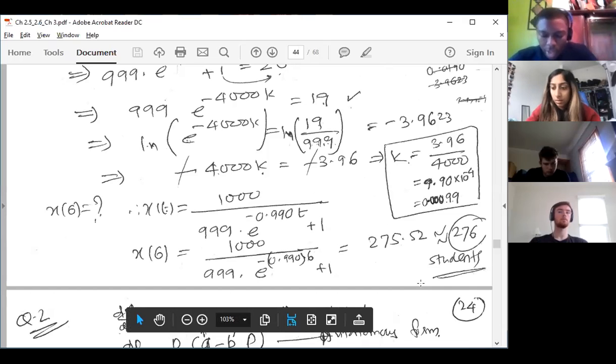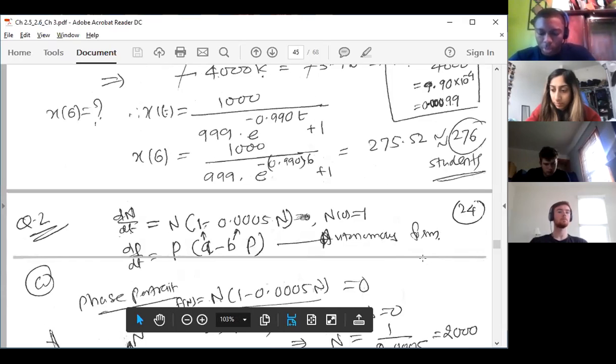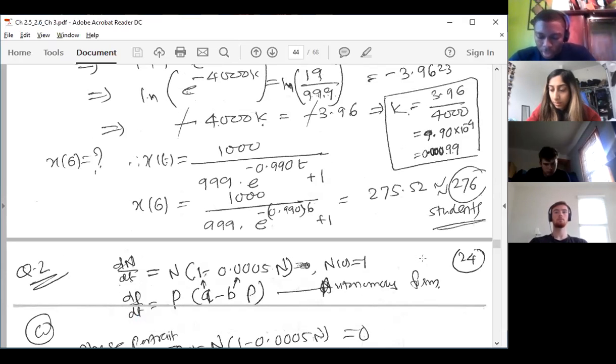The number N of t of supermarkets throughout the country that are using the computerized checkout system is described by the initial value problem: dN/dt equals N times (1 minus 0.0005 N), N of 0 equals 1.